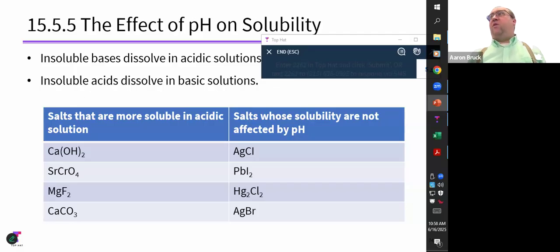Fluoride ion will form hydrofluoric acid, which is a weak acid. It's going to lower the concentration of fluoride. It's going to be more soluble as a result. Carbonate ions will form carbonic acid, which actually decomposes. They will make carbon dioxide and water. And so the carbon dioxide bubbles out, and the resulting solution becomes more and more soluble.